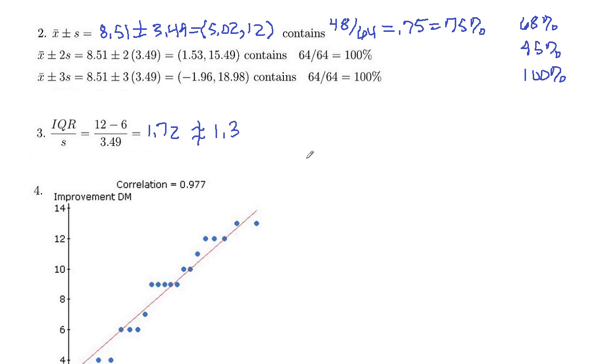So by that measure, up here we're seeing approximately normal. By this measure, this is saying that we are not approximately normal. That's a fair amount off from 1.3.